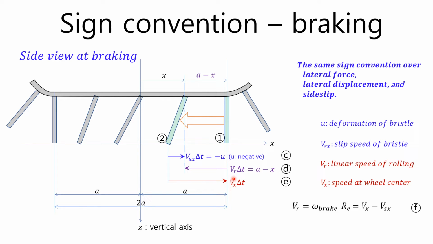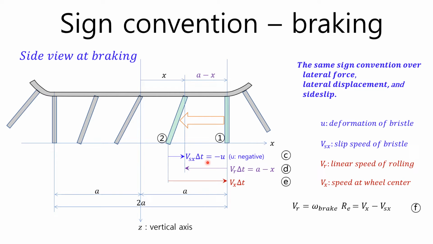Subtracting the bristle base velocity Vr from the wheel center velocity Vx is the slip velocity of the bristle Vsx, which is a positive value.